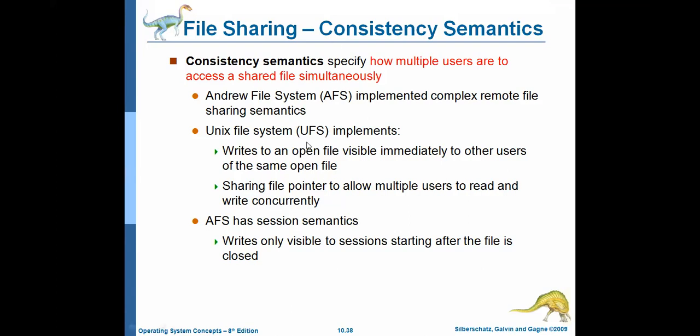If it is a Unix file system, writes to an open file are visible immediately to others of the same open file. For example, when multiple persons open a file, say three persons open the same file, and the value of x is 10, then for all three, x equals 10.